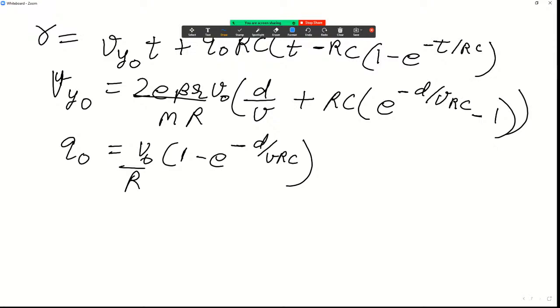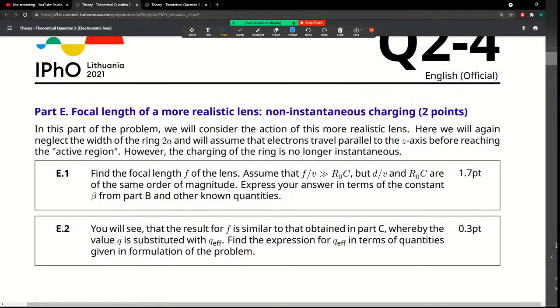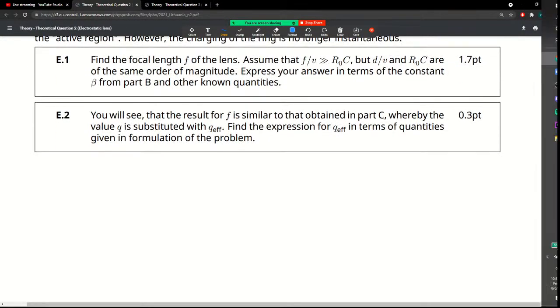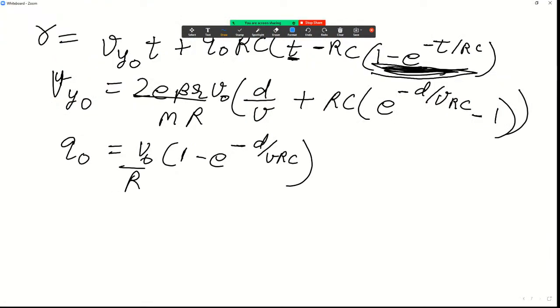I guess we can neglect this term, or we can't solve both the linear and e to the power term. Oh, let me see. D over V and R naught C are the same.